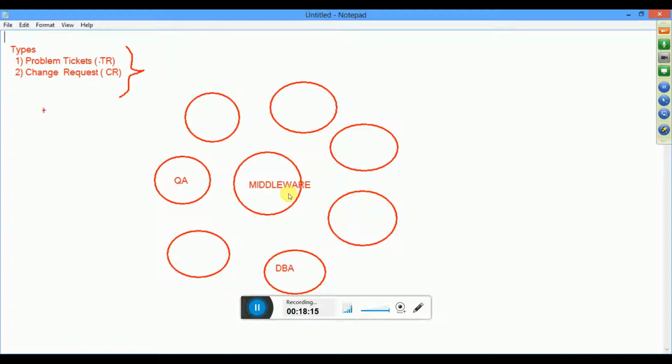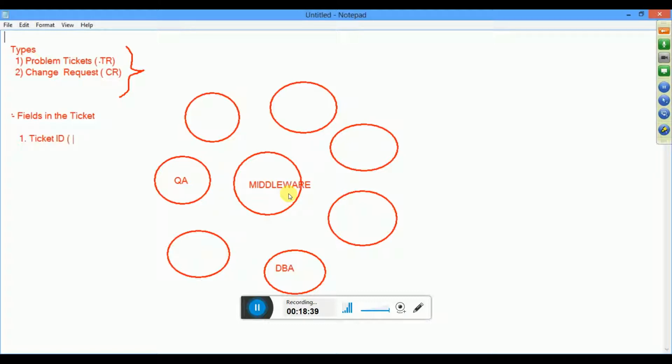Now in any of the tickets, when you raise a problem or say please change this, there are certain areas where you will usually give information. So the fields in the ticket, now this is important. The first field is the ticket ID.